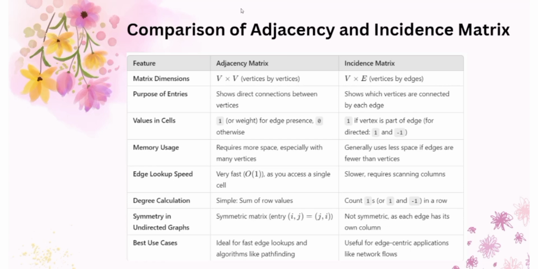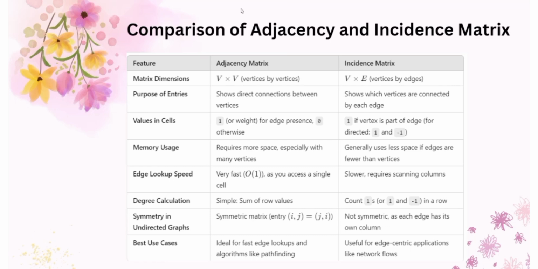Whereas in memory usage, adjacency matrix takes up more space, especially if you have a lot of vertices because it creates an entry for every possible pair of vertices. Whereas in incidence matrix, it uses less memory if you have fewer edges than vertices. Each edge gets its own column, so few edges mean few columns.